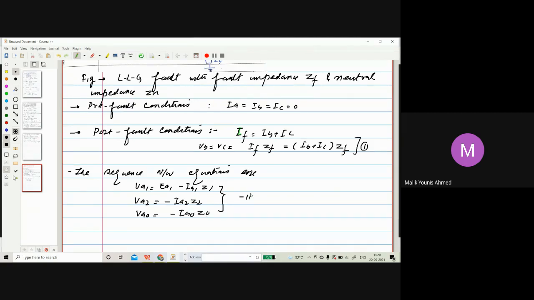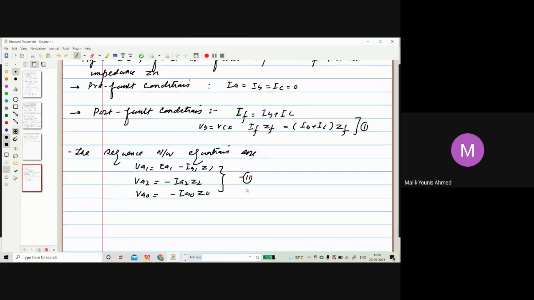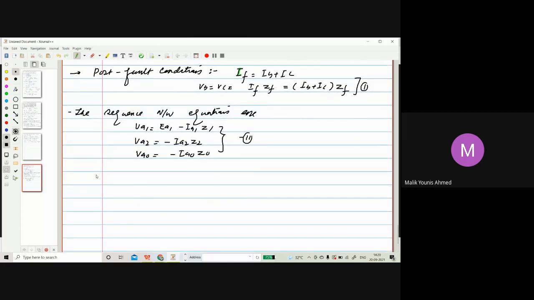Let us call this the second set of equations. We also know IA plus IB plus IC is equal to IN, and that is equal to 3 IA naught, which we have already seen earlier. So here IA is 0. So IB plus IC will be equal to 3 IA naught. Let us call this equation 3.